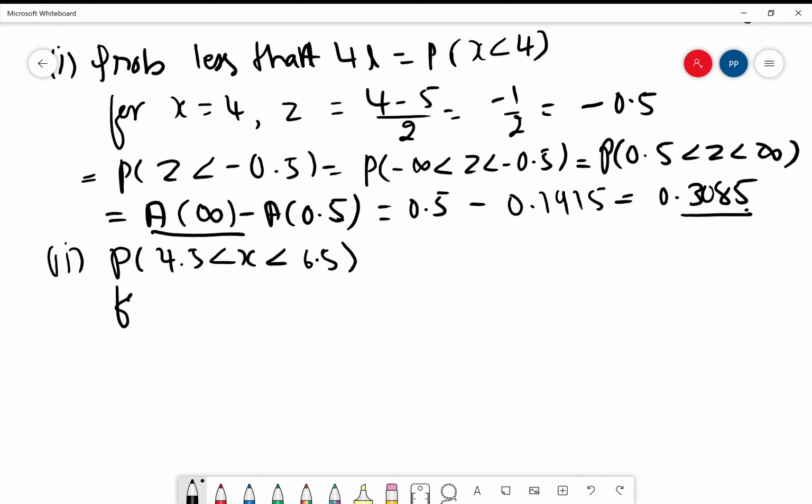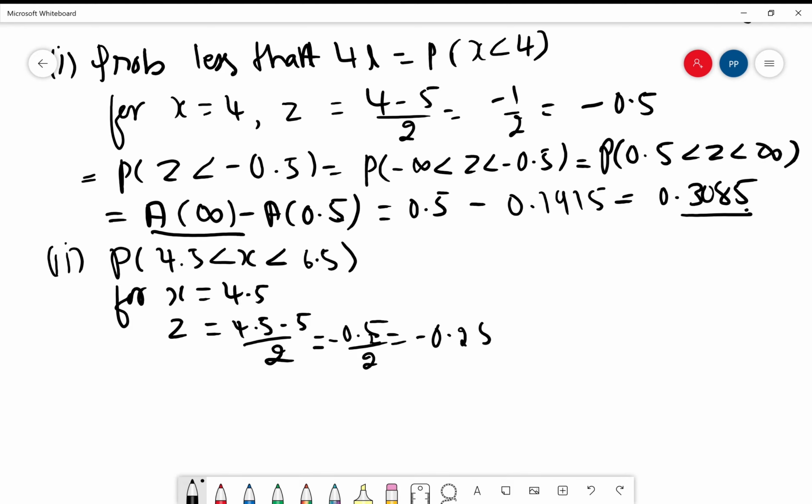z for x equals 4.5: z equals 4.5 minus 5 by 2, that is minus 0.5 by 2, which equals minus 0.25.